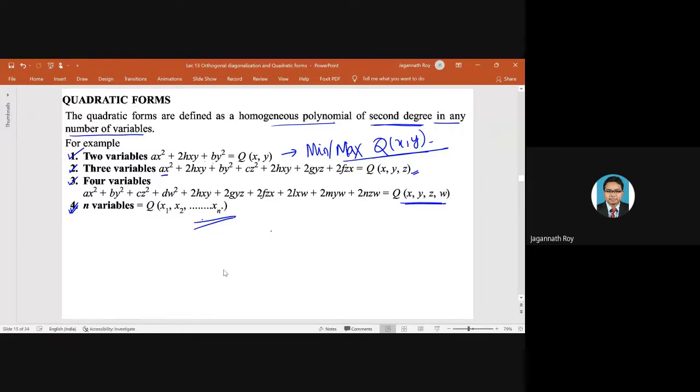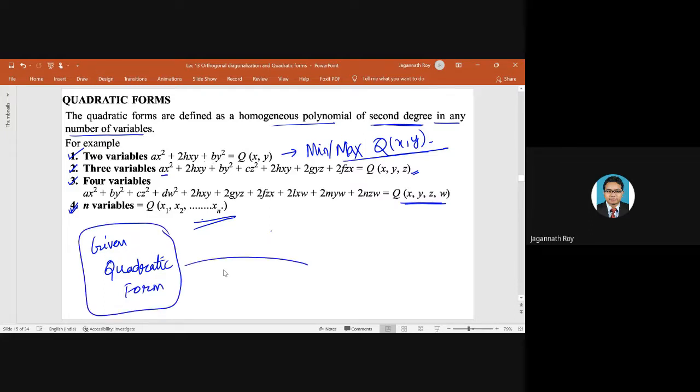Now, in order to study the quadratic form, our main goal is, from the given quadratic form, we want to find out the canonical form by some transformation. So what is a canonical form?